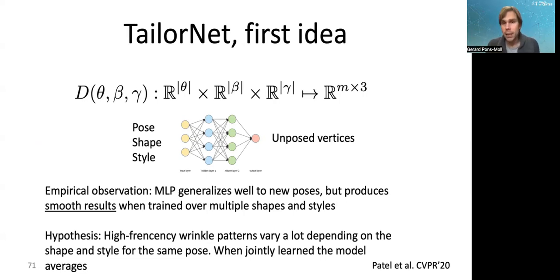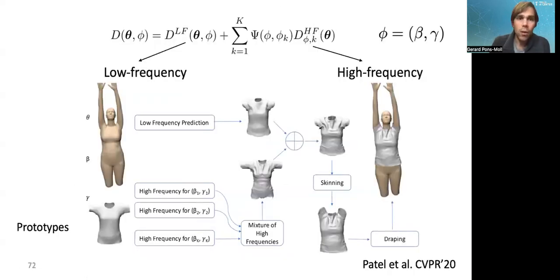So if this is the case, it makes sense, to know how it will generalize for a new pose, to only combine styles and shapes that are similar. And this is the basic idea of this work, which is called TaylorNet. So essentially now the deformation is going to be predicted using a mixture model.